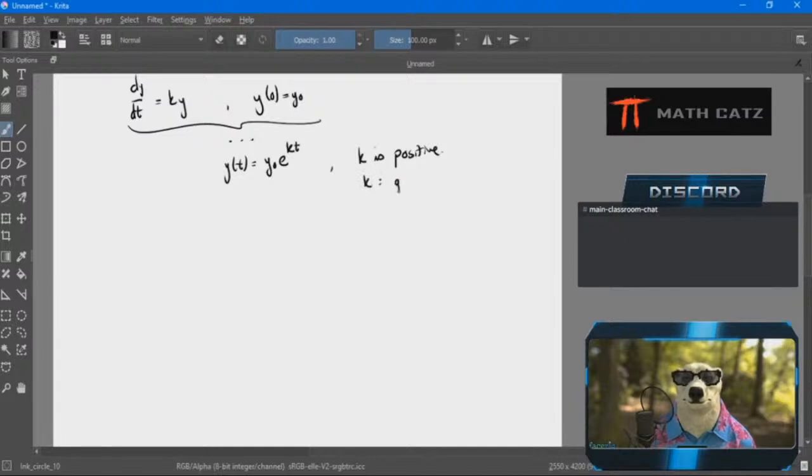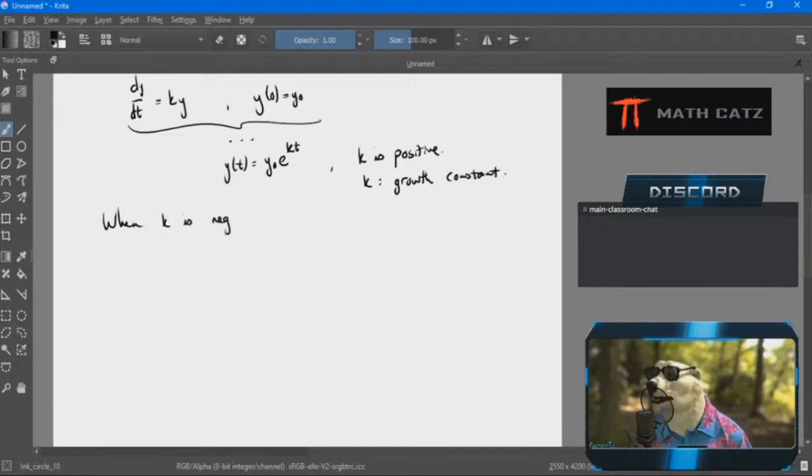K is called the growth constant. But there's also another side to this: when k is negative.